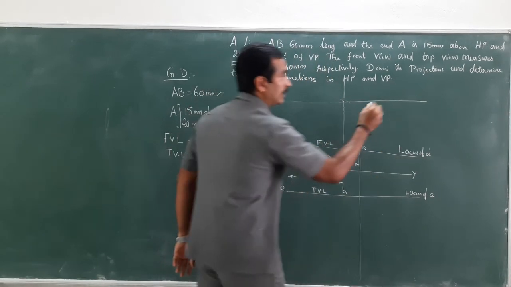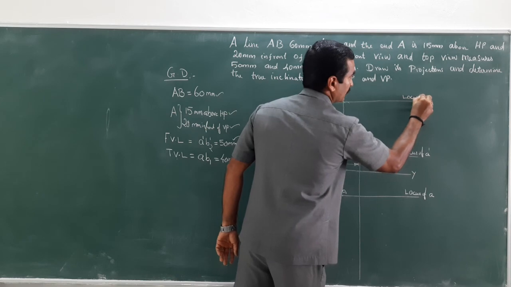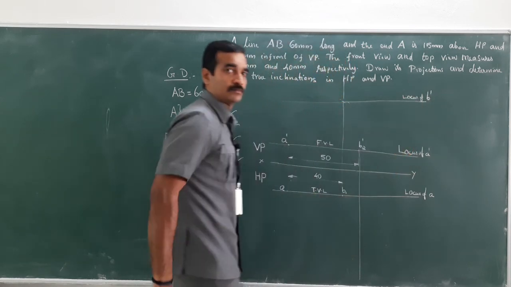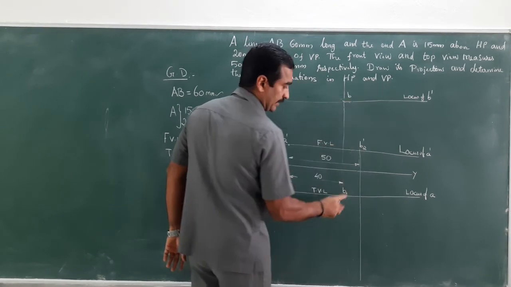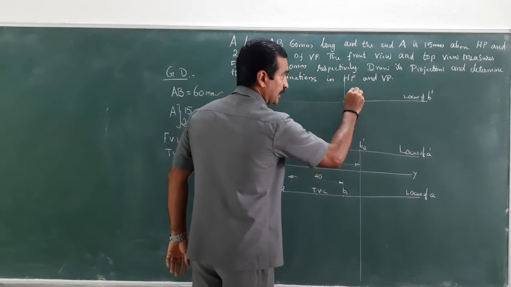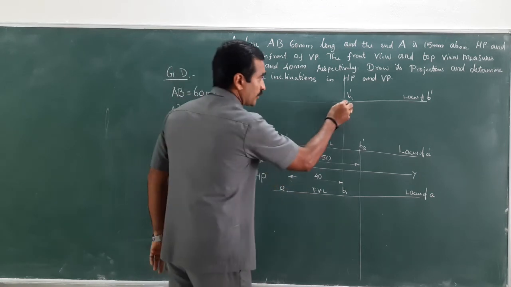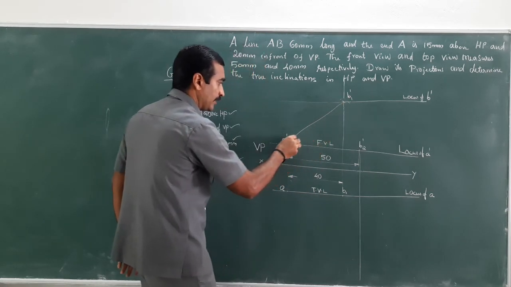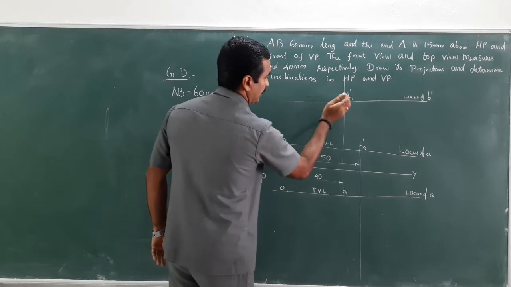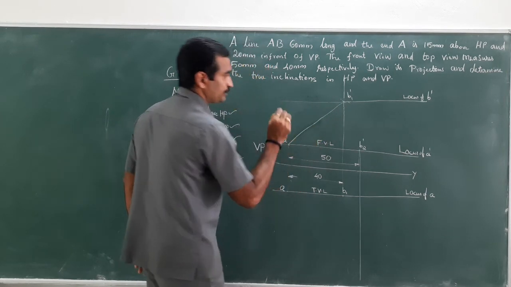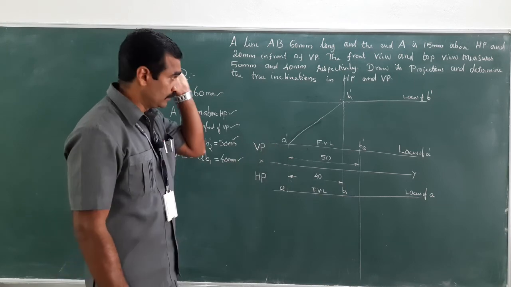This is the locus of B dash, and this point is B1, therefore this should be B1 dash. Draw a thin line connecting A dash and B1 dash. It should be a thin line.